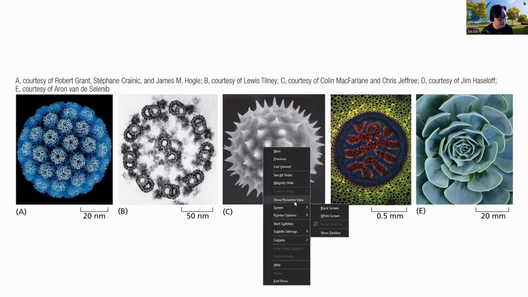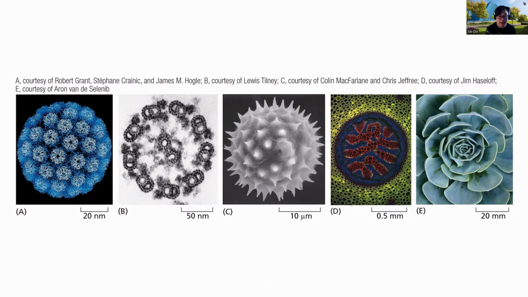It's a lot that we are looking at, and you can see the scaling difference. Look at this, this is 20 nanometers. Now, remember, when we're talking about eukaryotic and prokaryotic cells, we're dealing in the measurement of micrometers. Nanometers is much, much, much smaller than that. So instinctively, you should already be looking at A and saying, hey, this is way smaller than a cell.